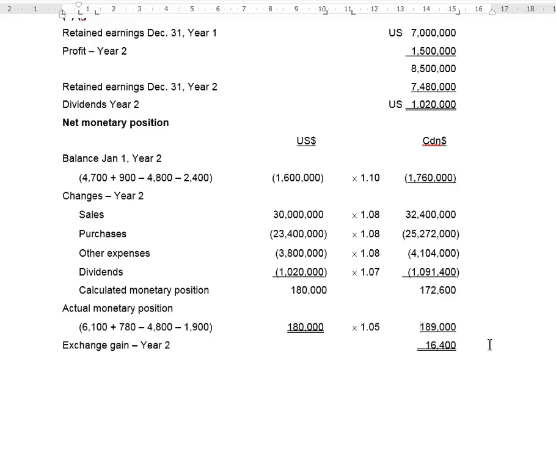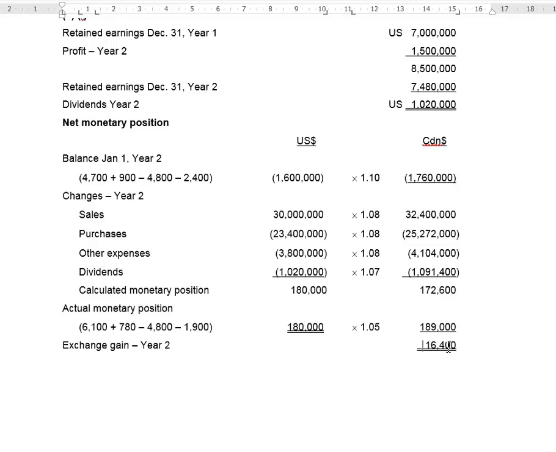So what we're doing here is we're saying if the parent had been doing all of this work in the US, they would have showed a net monetary asset position of 172,600 Canadian dollars, but they didn't do it. They had the sub do it, and having the sub do it created a higher monetary asset position for them at 189,000. So that gives us an exchange gain that goes into net income of 16,400.